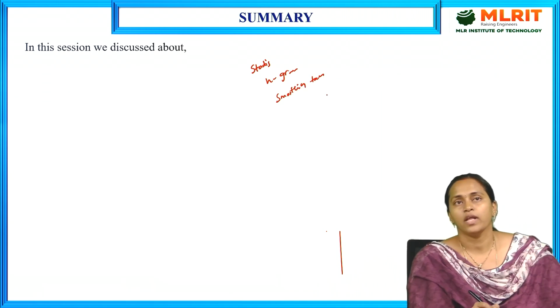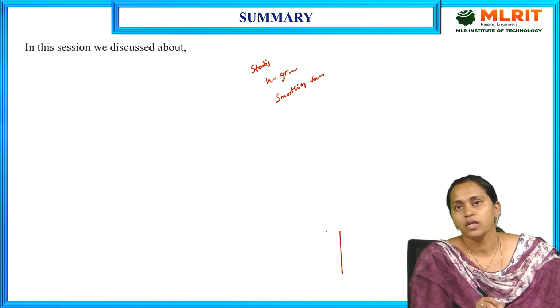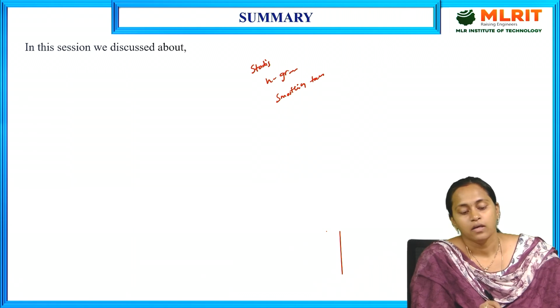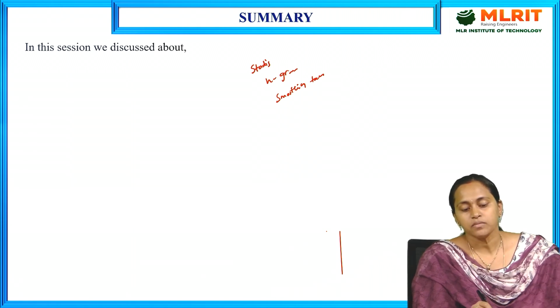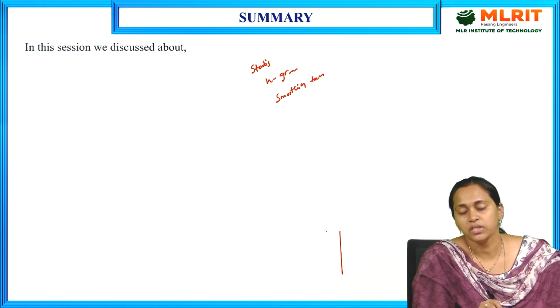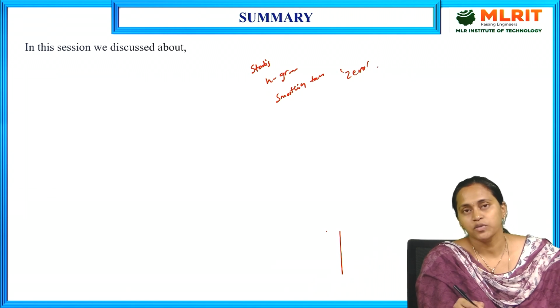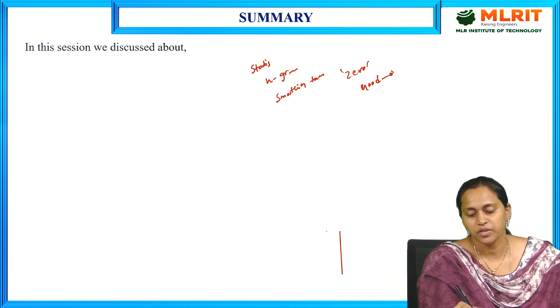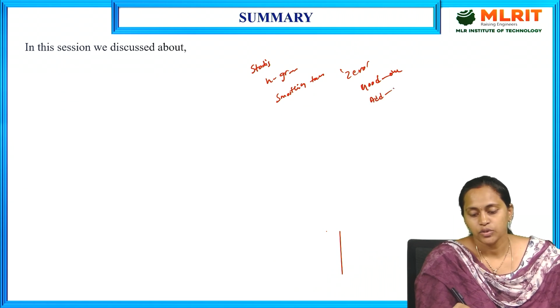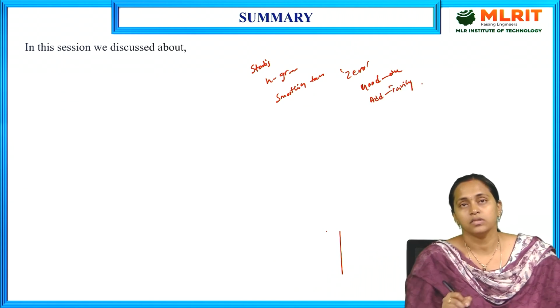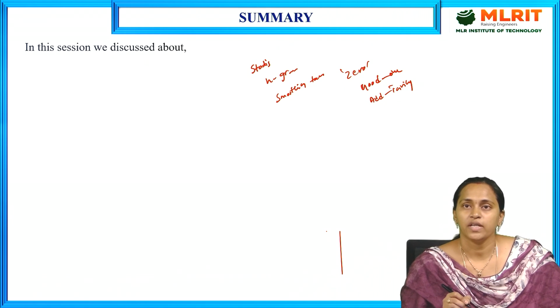In language modeling, there are two types: grammar-based models and statistical language models. In the statistical language model, we use the n-gram model. In the n-gram model, to overcome zero probability, we use two smoothing techniques: add-one smoothing and Good-Turing smoothing. This is the overall summary of language modeling in NLP.